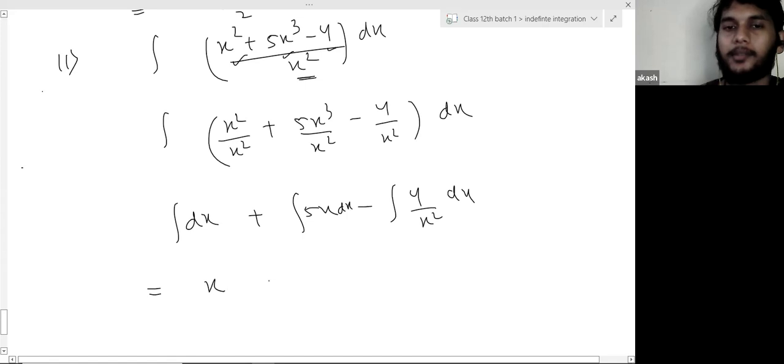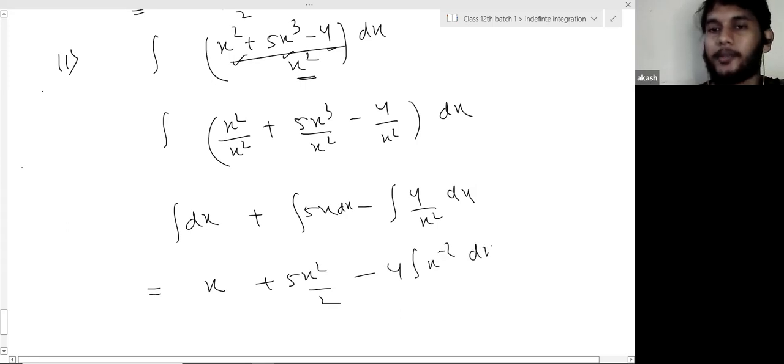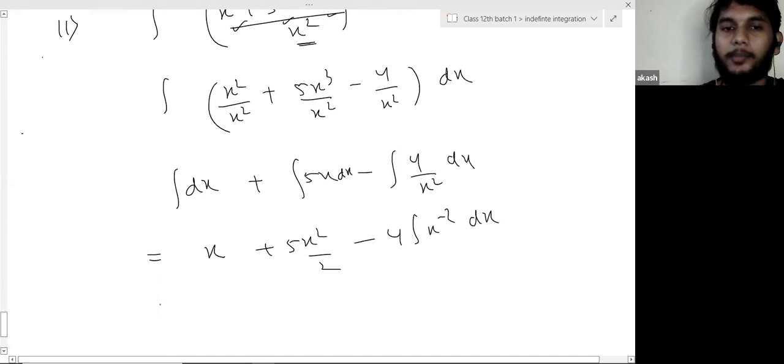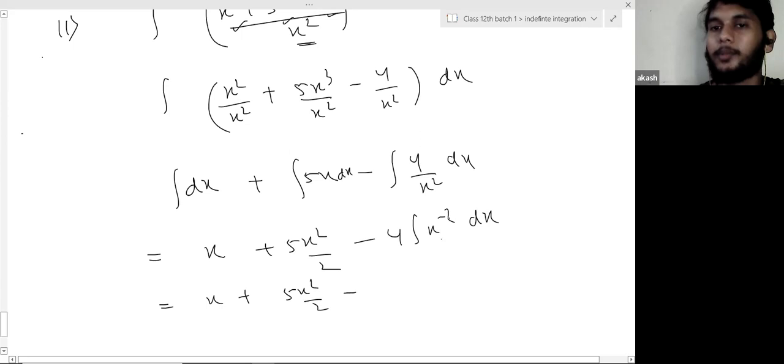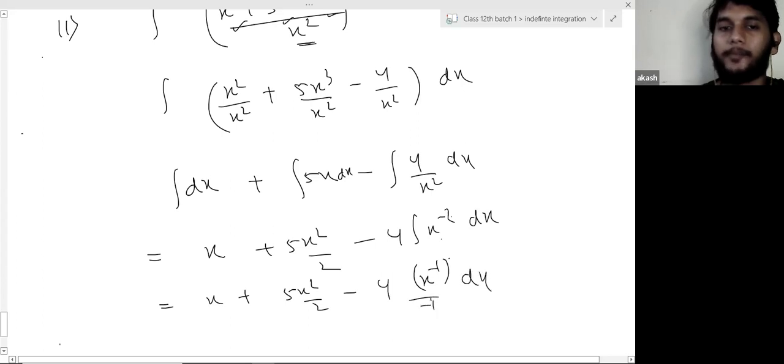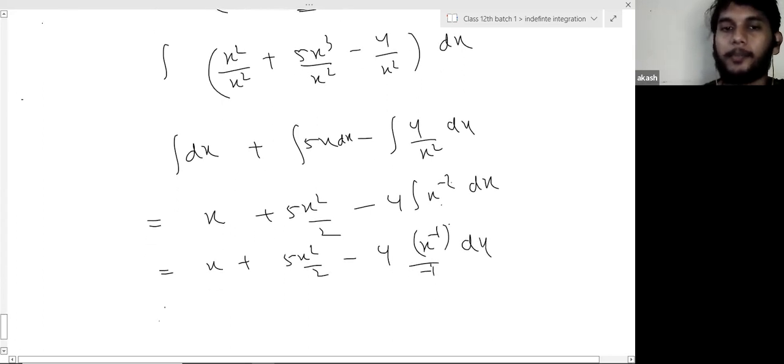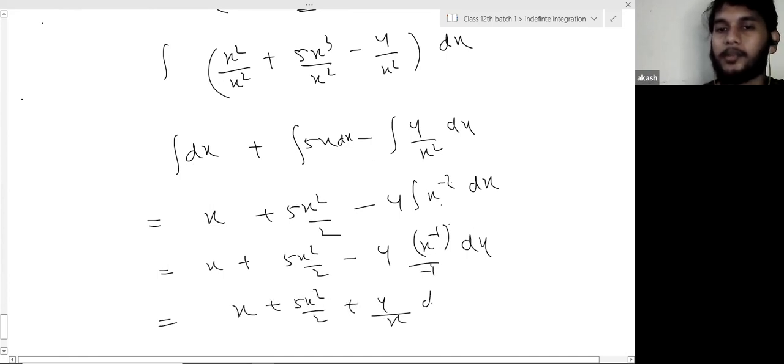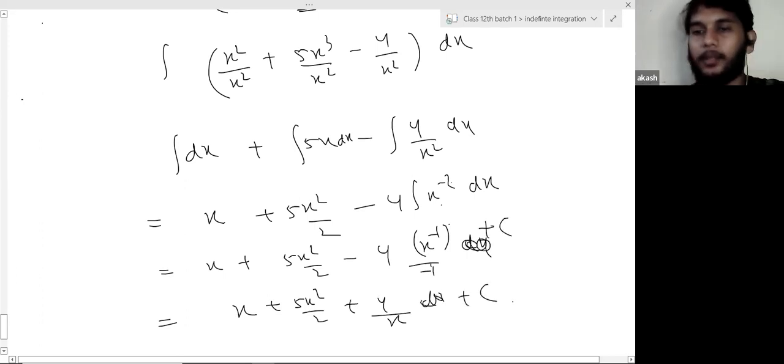This is x plus 5x square by 2 minus 4 times integration of x to the power minus 2, which is x to the power minus 1 upon minus 1. So this minus minus becomes plus. So x plus 5x square by 2 plus 4 upon x plus c.